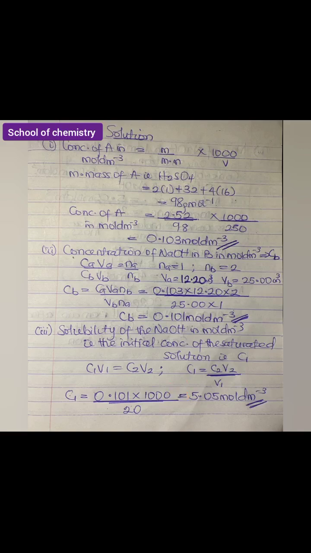After substitution, it will be 0.101 multiplied by 1000 divided by the volume of my saturated solution that was used, which is 20. So doing all of it, my initial concentration would be 5.05 mole per dm cube.